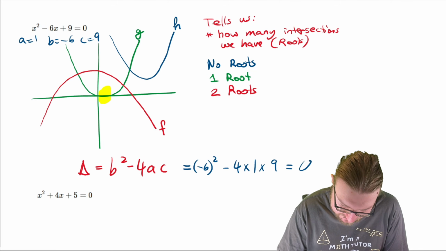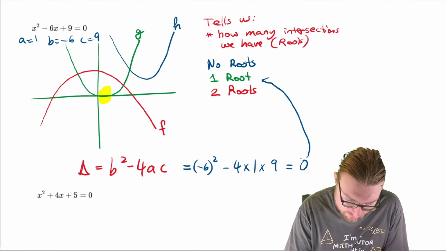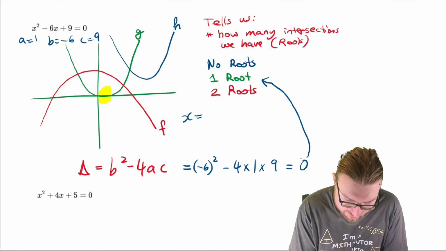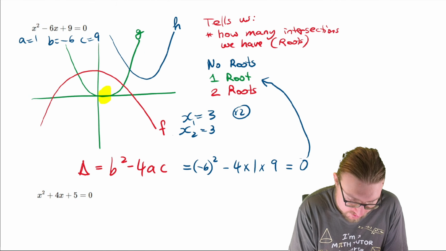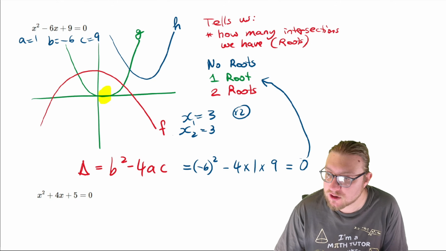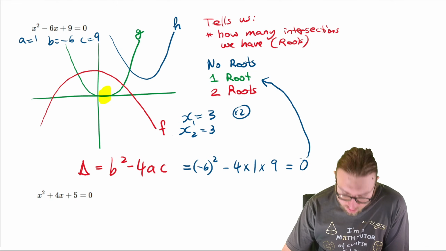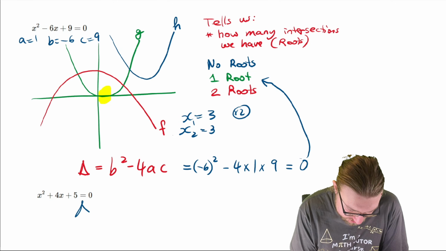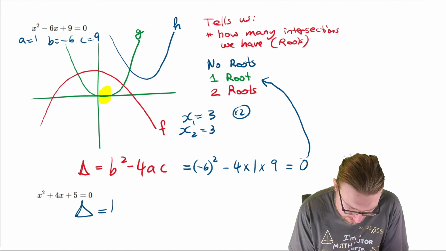Minus 36 is equal to 0. That makes a lot more sense because we expected only one root. And the answer here from the calculator was x is 3 twice. So we have x is 3 and the second x is also 3. Cool. That makes sense.